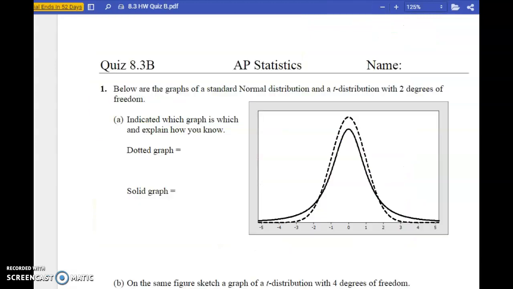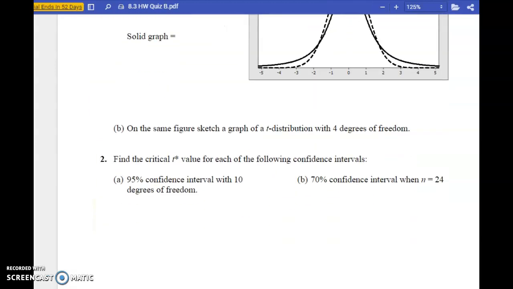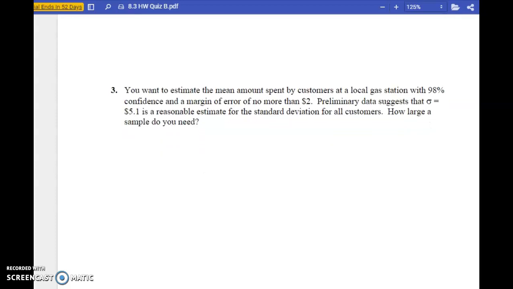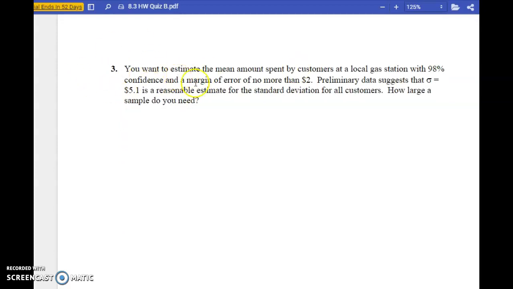Let me go back to the homework quiz real quick. So here in question 2, to find your inverse t, or find your t star, you're just doing inverse t's. In question 3, little hint for you, notice they give you sigma, the population standard deviation. So they tell you, well, here's my sigma.